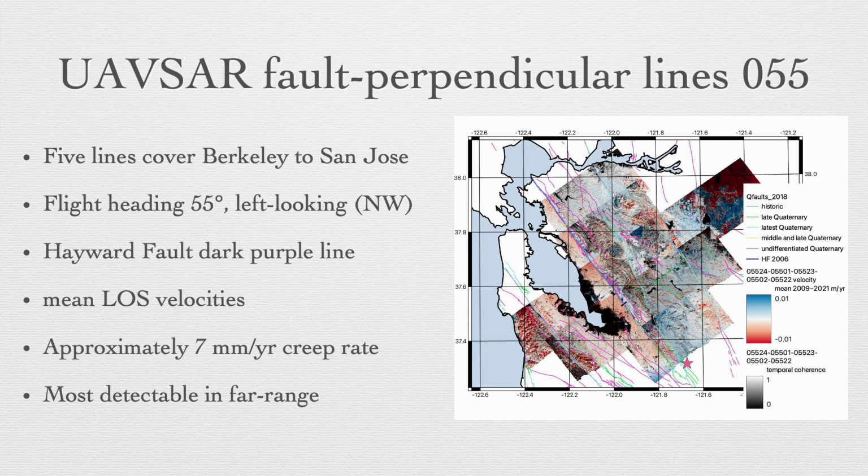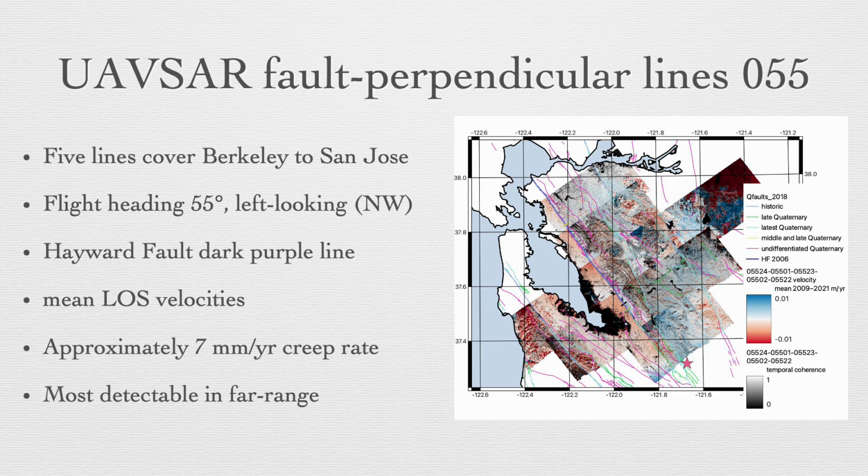There's a total of 5 UAVSAR flight lines that are running in the flight heading 055 northeast direction. The airplane looks off to the left, so these have the radar beam looking to the northwest along parallel to the Hayward Fault.